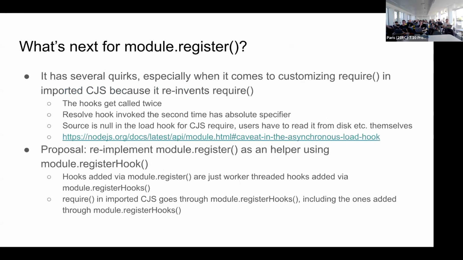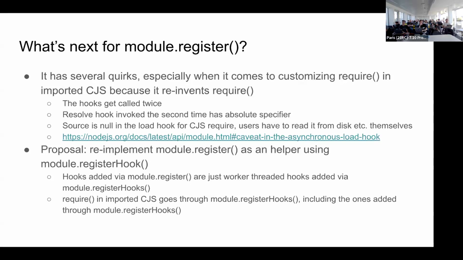And there are some discussions about what to be done for module.register, because it still has several quirks because of that off-thread pattern. When you try to customize require in an imported CJS, you need to tie into the way that it currently works based on the ESM module loader, and it reinvents require in a way that does not completely tie into how the regular require works.